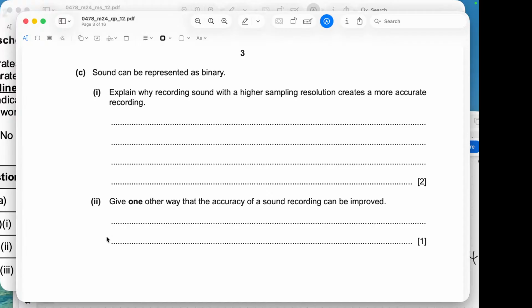What they tend to do in the exam actually, is when they get to this bit, they've asked you some binary, possibly some hex, and they might ask later on about either images or sound and resolution and how many bits are stored for each.